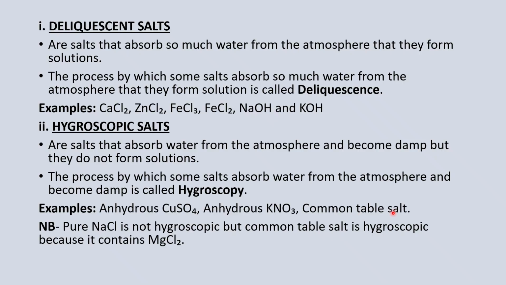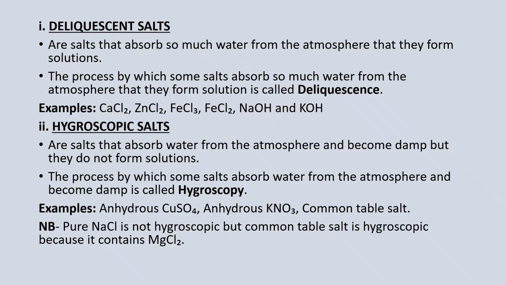Common table salt is impure sodium chloride. Pure sodium chloride is not hygroscopic, but common table salt is hygroscopic because it contains magnesium chloride. So when you are asked to give examples of hygroscopic salts, do not give sodium chloride, but just mention common table salt.